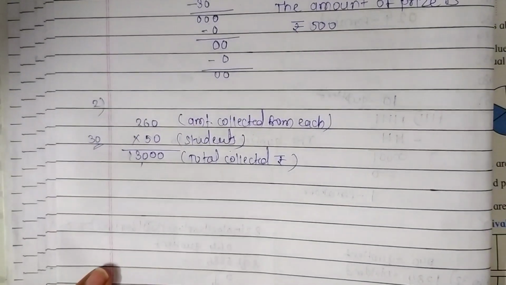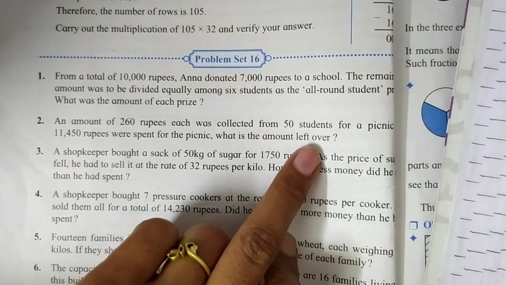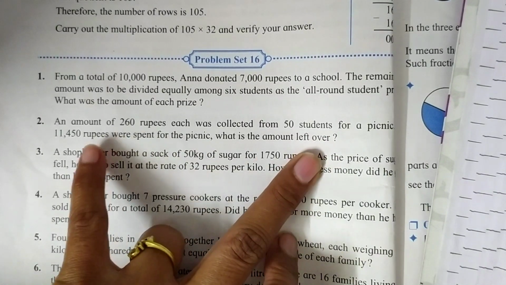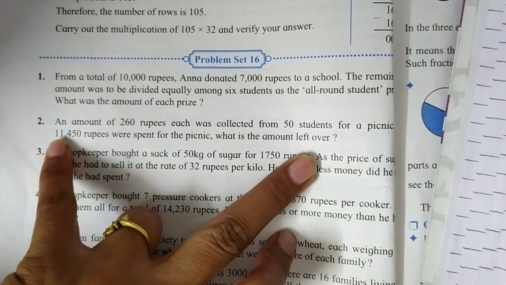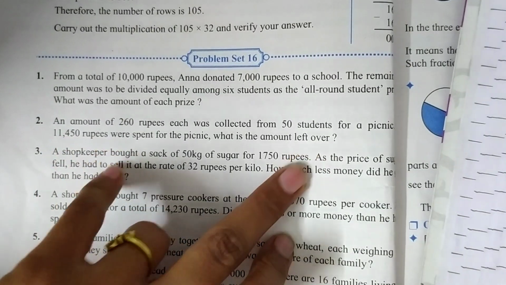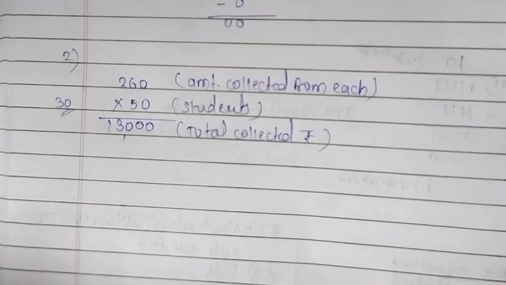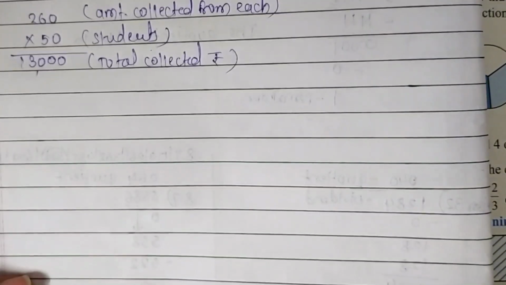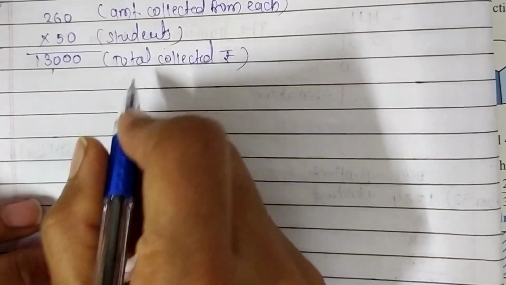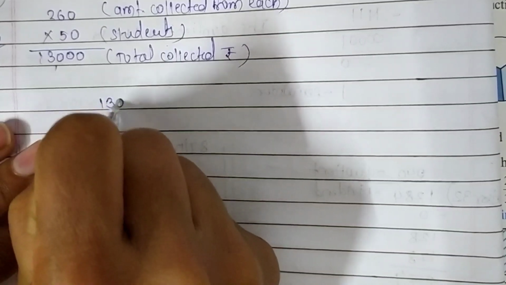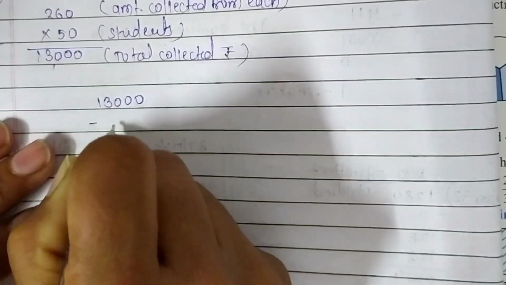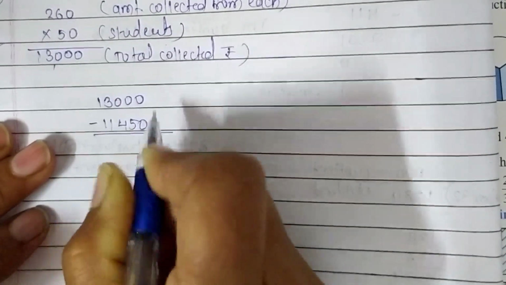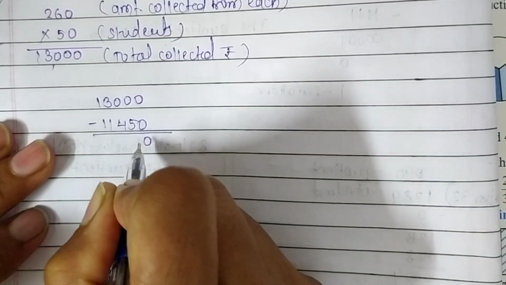So they ask us what is the amount left over. We have to find out the amount remaining here. So the spent rupees are 11,450. Let's subtract it from the total collected rupees. 13,000 minus 11,450. 0 minus 0, it's 0.